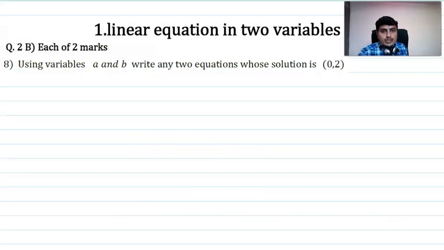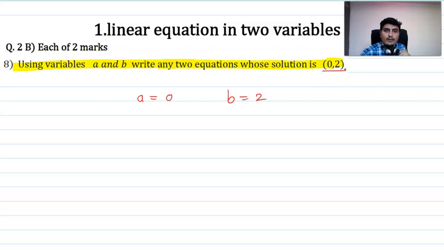Now look at question number 8. Using the variables a and b, write any two equations whose solution is 0, 2. That means there are two values, the a value we consider as 0 and the b value as 2. So we have to form the equation that has the solution 0, 2.